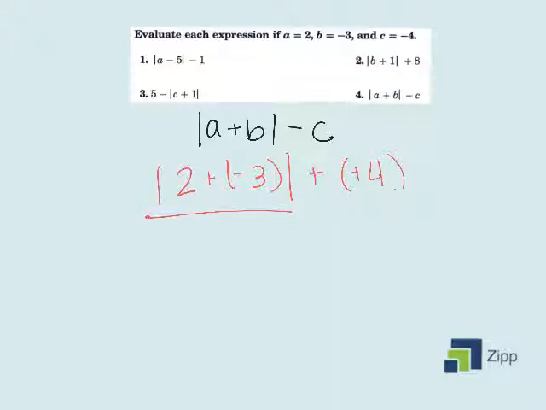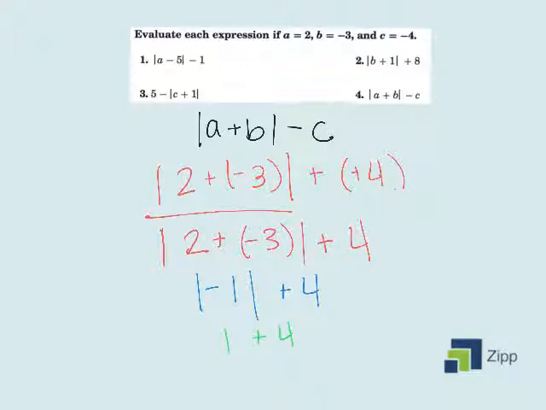So this can be written as 2 plus negative 3, absolute value of that, plus 4. We have 2 plus negative 3 inside the absolute value bars, and we know that is negative 1, plus our 4. We're looking at the negative 1, the absolute value of that is just 1, plus 4, and we have 5 for that.